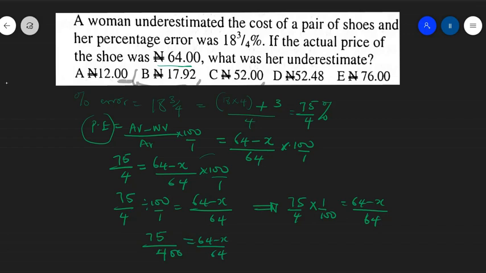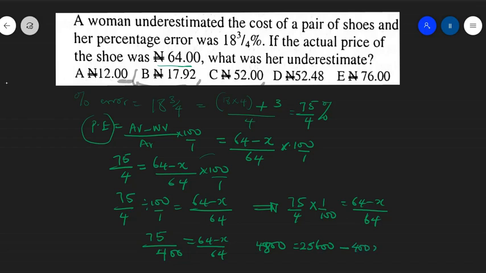And the remaining logic is just algebra. If you multiply 75 times 64, that gives me 4,800. This 4,800 is equal to 25,600, if you point your calculator again, minus, now this times this will give me 400x.